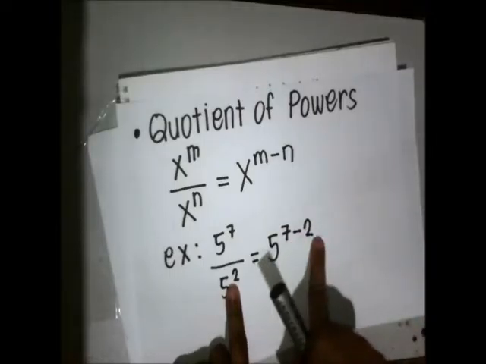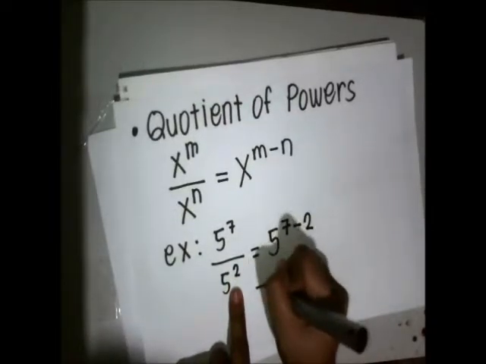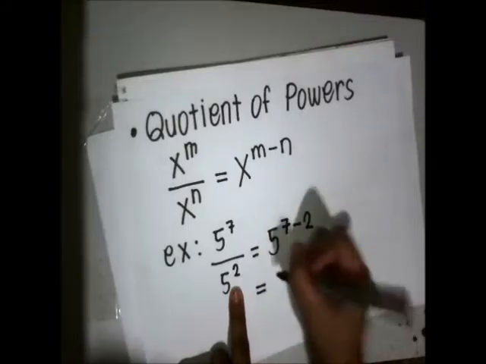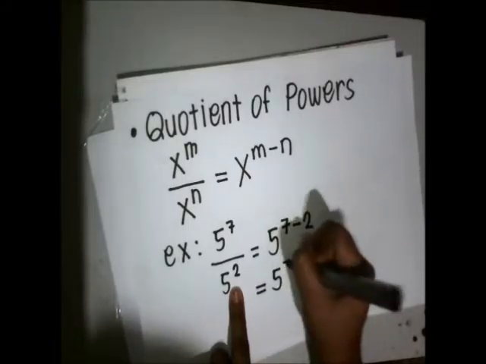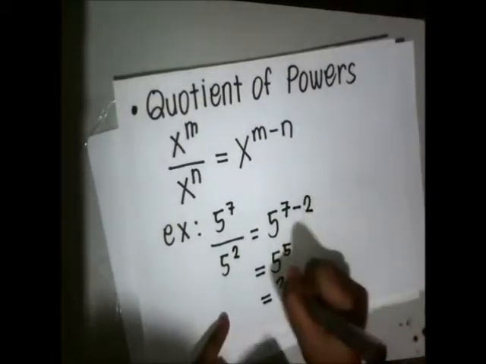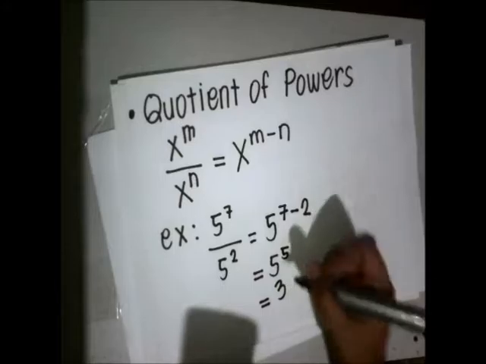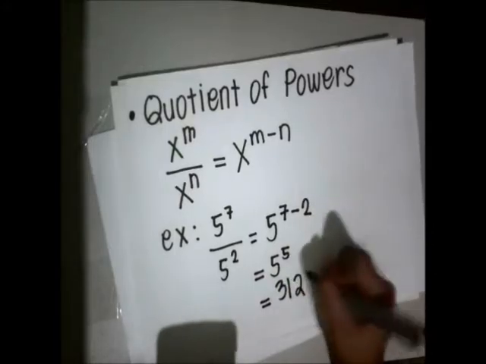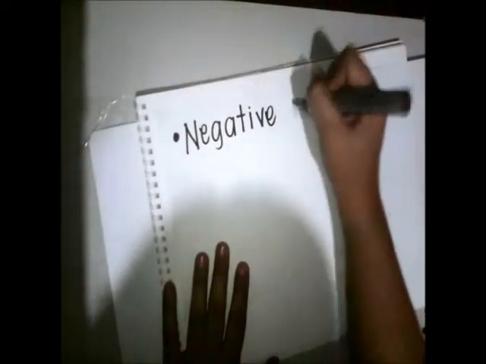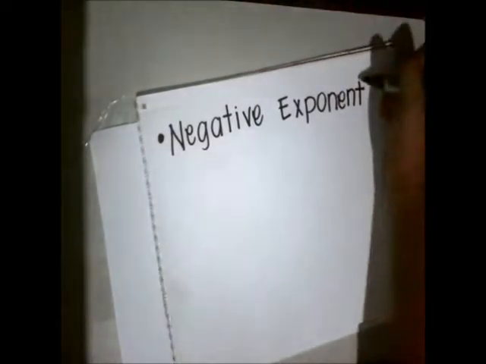We have 7 minus 2. So we have here 5 raised to 5. Then use the definition of the exponent. So easy, right?